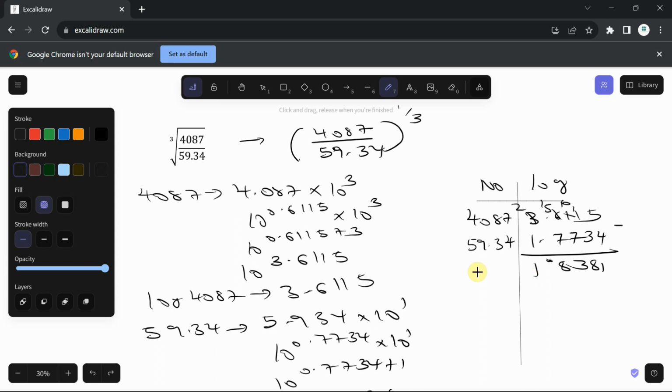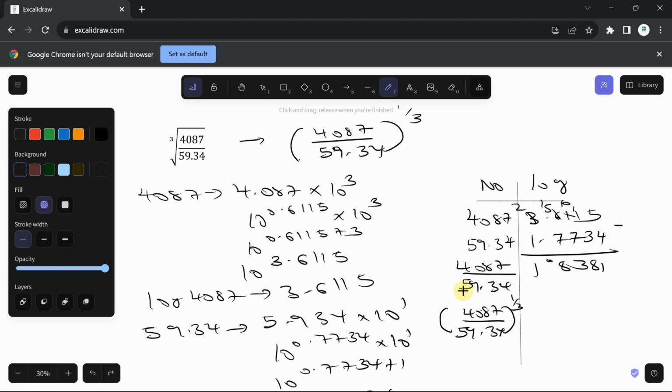from 4087 divided by 59.34. So this is what this gave me. So now the next thing I have to find is, open brackets, 4087 divided by 59.34, raised to the power of 1/3.